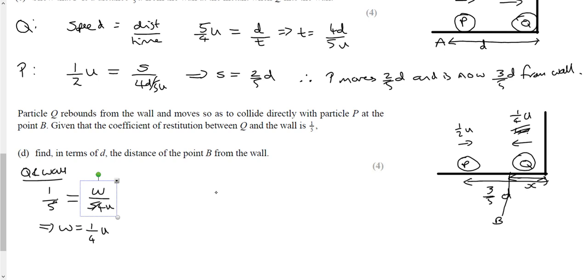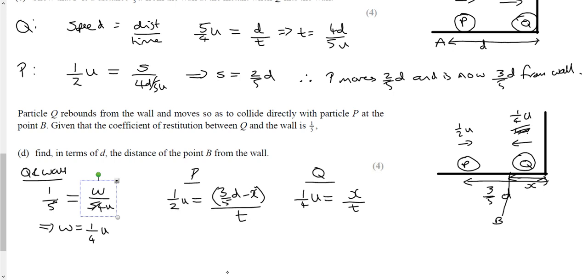Right, then I can have a look at my two particles, P and Q. When they collide, if we say they collide at time t, we can again use speed as distance over time. Now Q, I've called that distance x, over t. For P, speed is a half u. Now the distance it's going to move is 3/5 d minus x, over t.